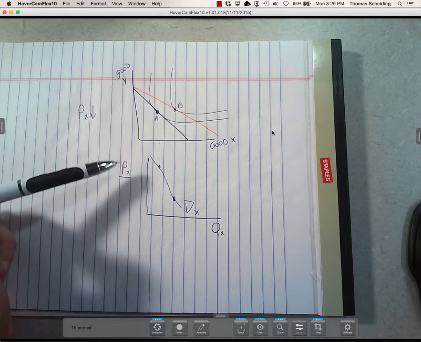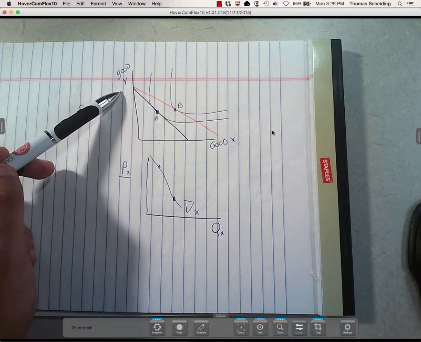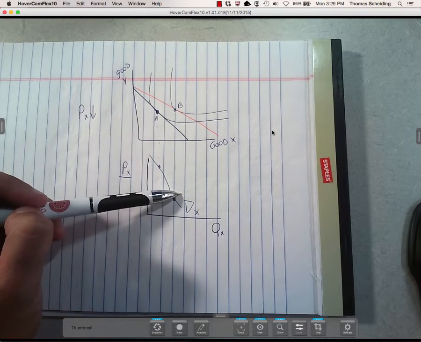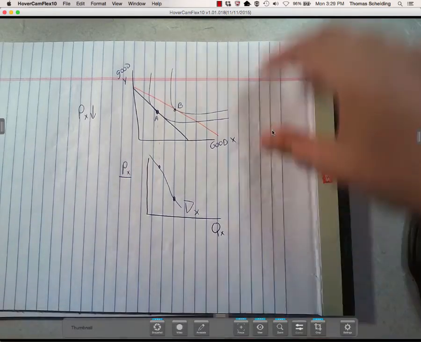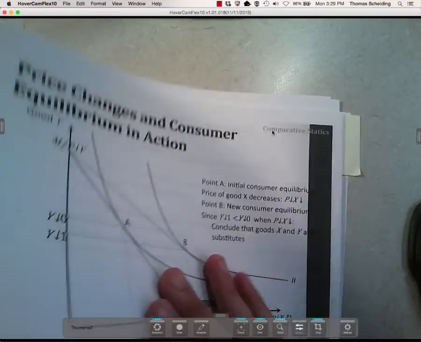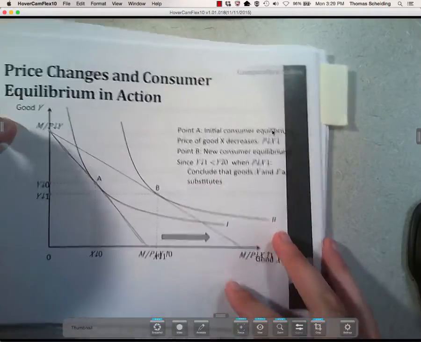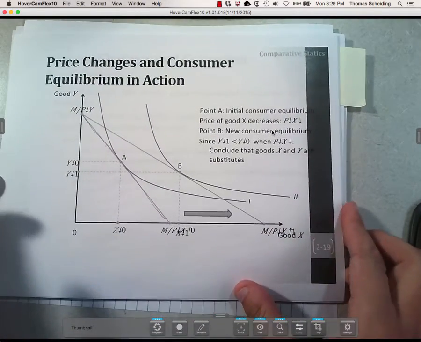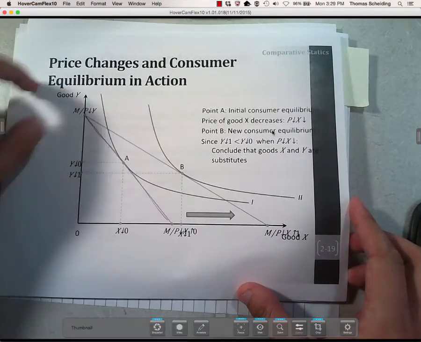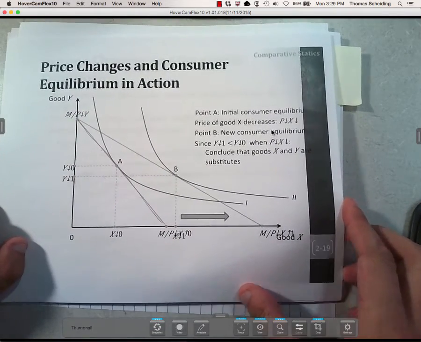The only thing I'm changing is the Y-axis, from quantity of good Y to now price of good X. And now I've got that change. And that's what you see here, but with less excitement than what I just said. What I wrote is so much cooler than this. This looks pretty cut and dry.